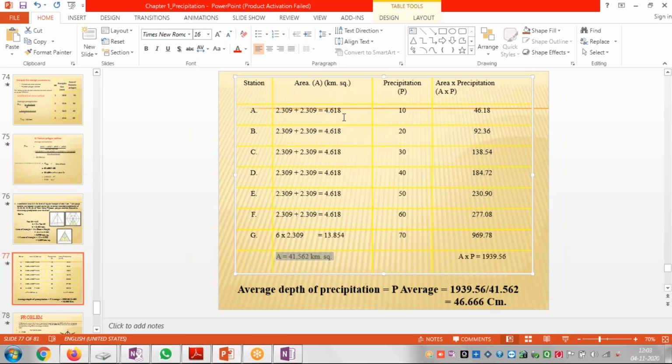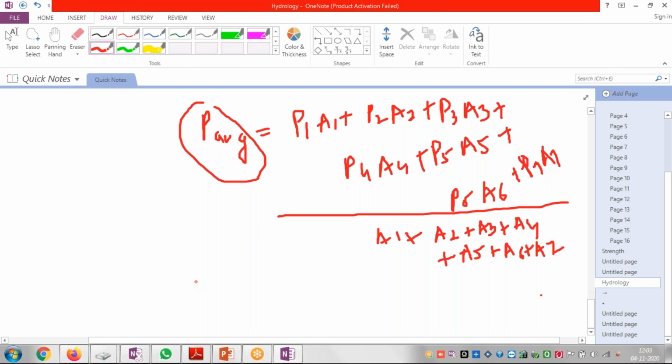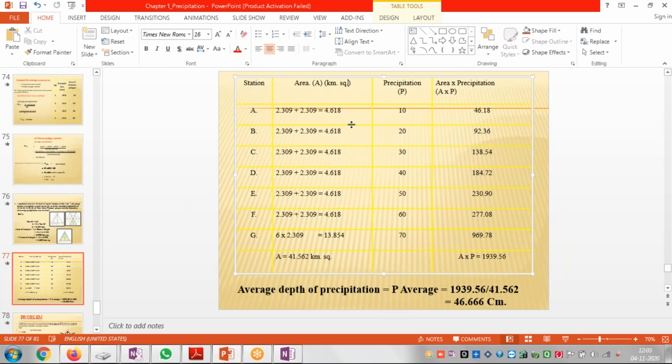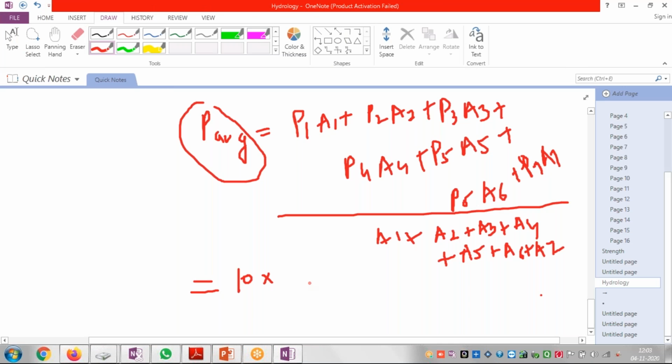This whole area has been added, and here you can see A into P. This is the same as whatever we are doing. Suppose this P1 is say 10 into our area, which is 4.618, plus this P2 will be 20. I think it is clear to you.